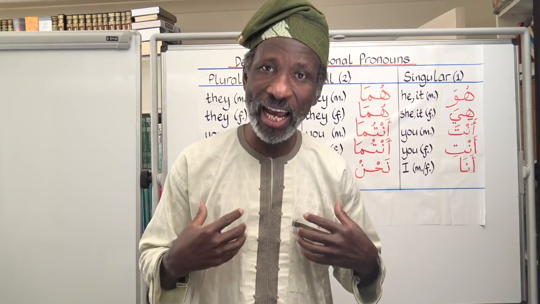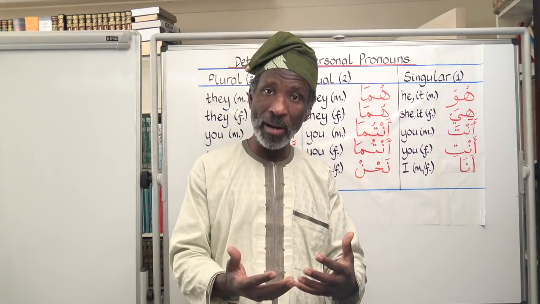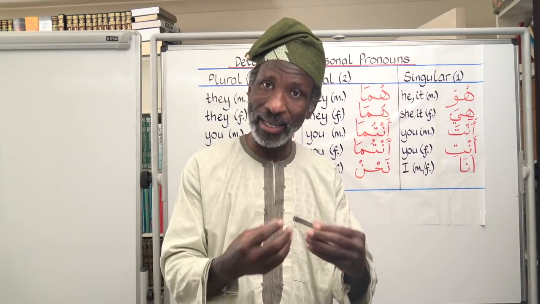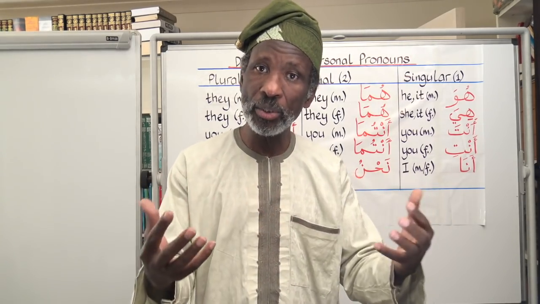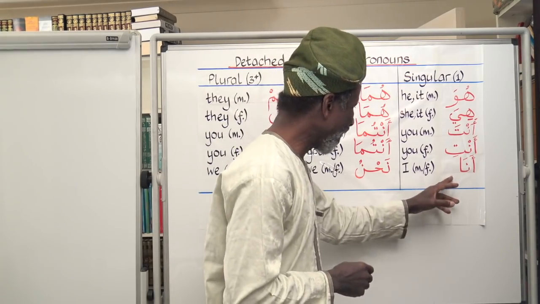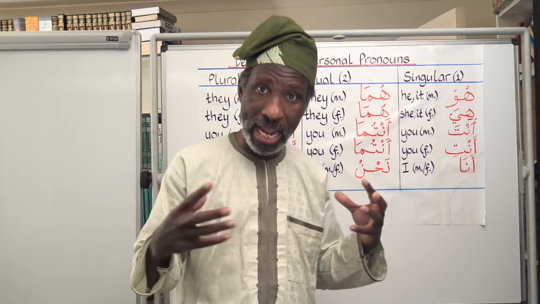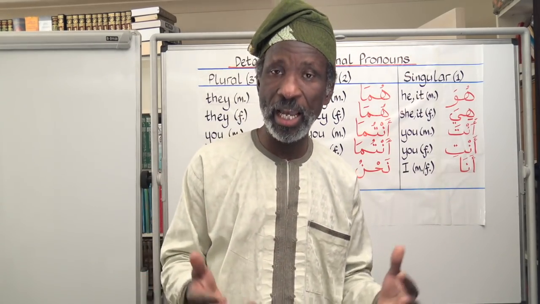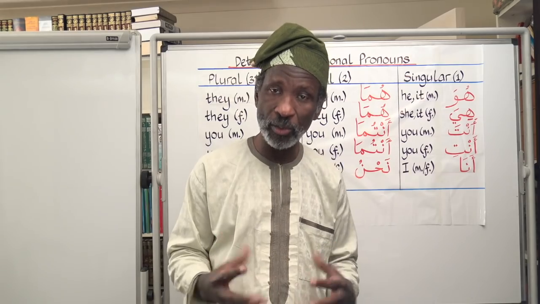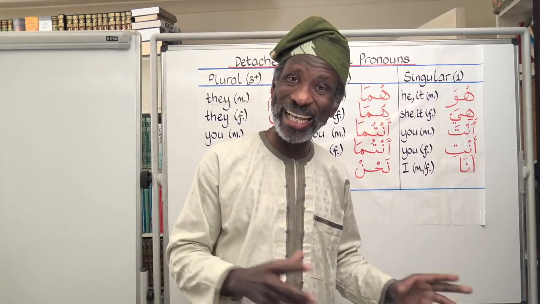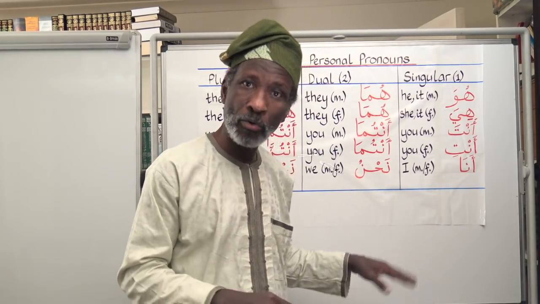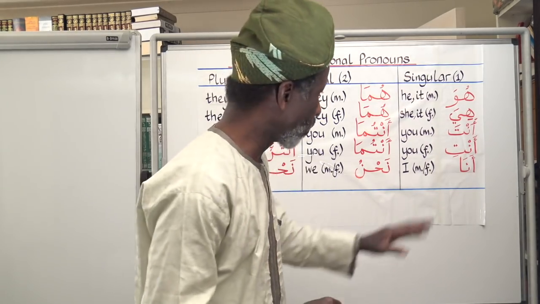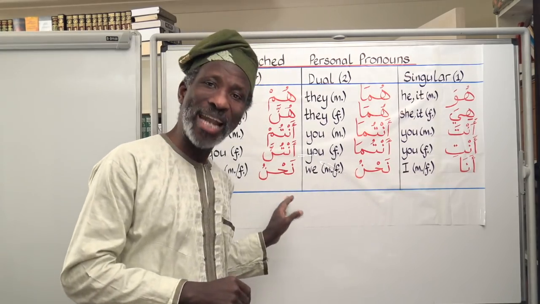I will say ana. A girl, a woman also will say ana, I or I am. Speaker in Arabic is gender neutral. So ana, nahnu, we or we are, whether two of us or millions of us, we say nahnu. So in the first person we have only two, one for the singular, ana, and nahnu, both for duo as well as for plural.